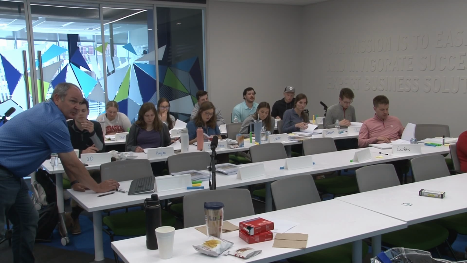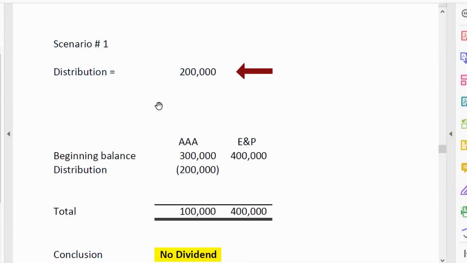So here's the distribution of $200,000. First of all, is this a corporation with CE&P or without CE&P? With CE&P. So if we have a corporation with CE&P, are we under the provisions of B or under the provisions of C? C. And C1 says what?